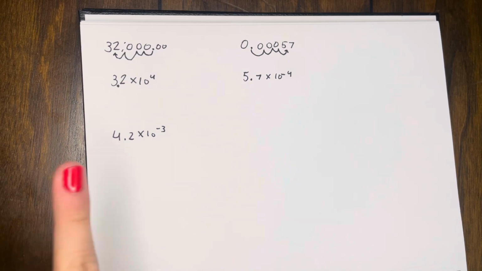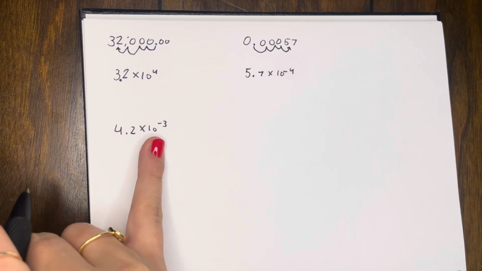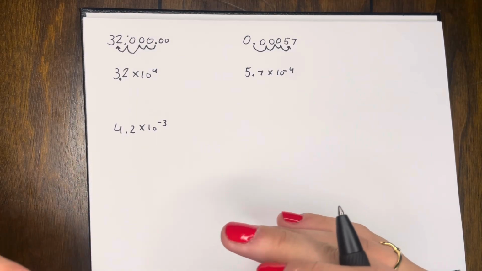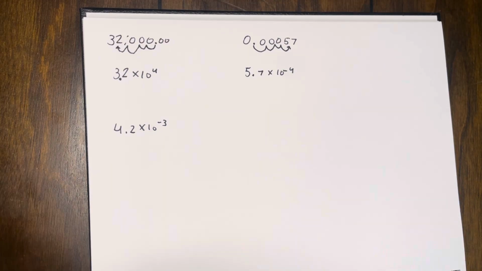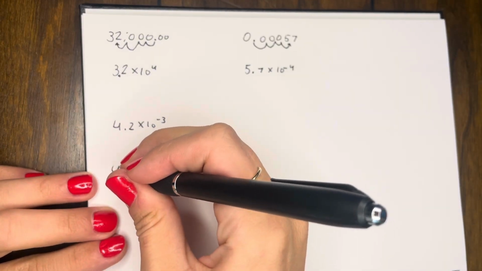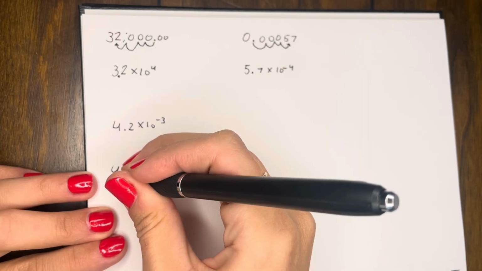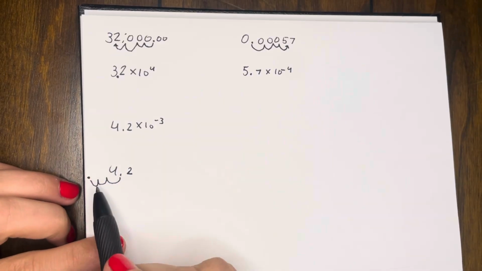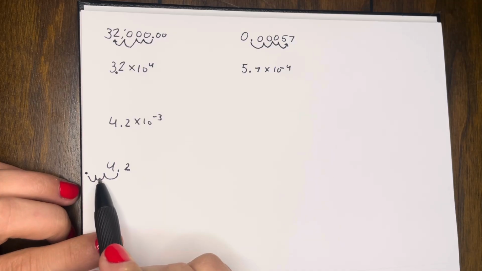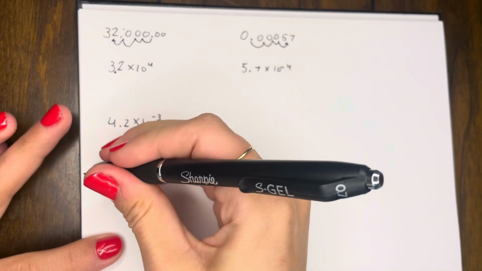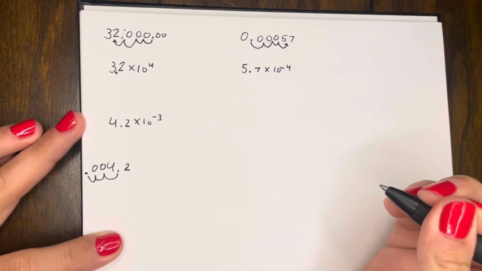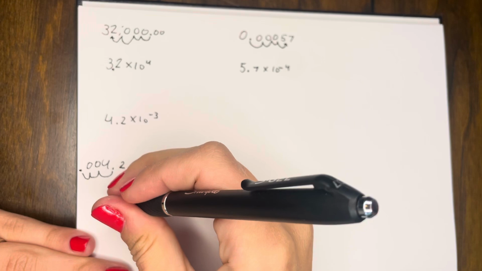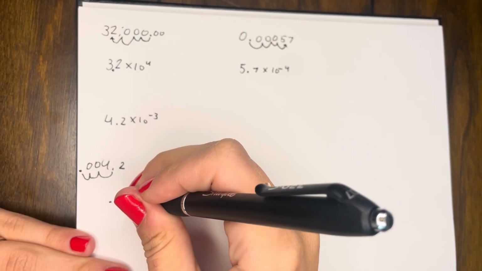So what you're going to do is take that -3 and move it 3 decimal places to the left because it is a negative. So you're going to take 4.2 and go 1, 2, 3, and then put your decimal point. But we have 2 digits over here, so that's going to mean 2 zeros. So you're going to put 2 zeros before the 4. And so the answer to this would be 0.0042.